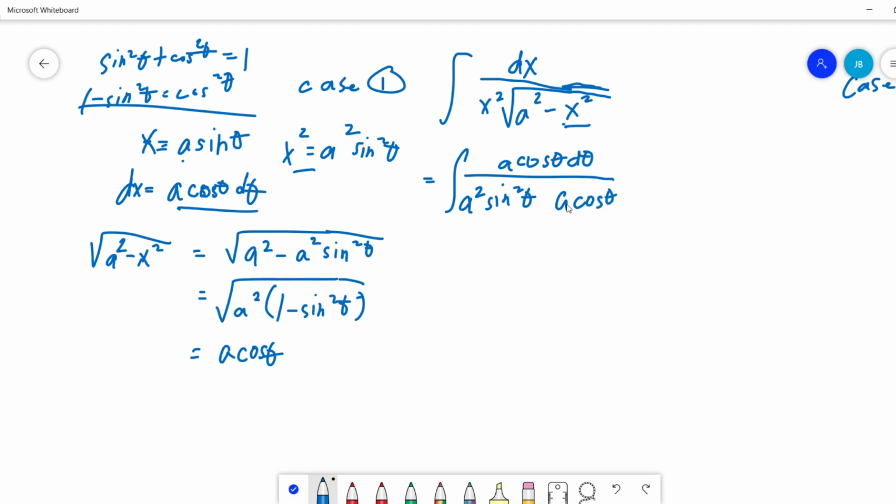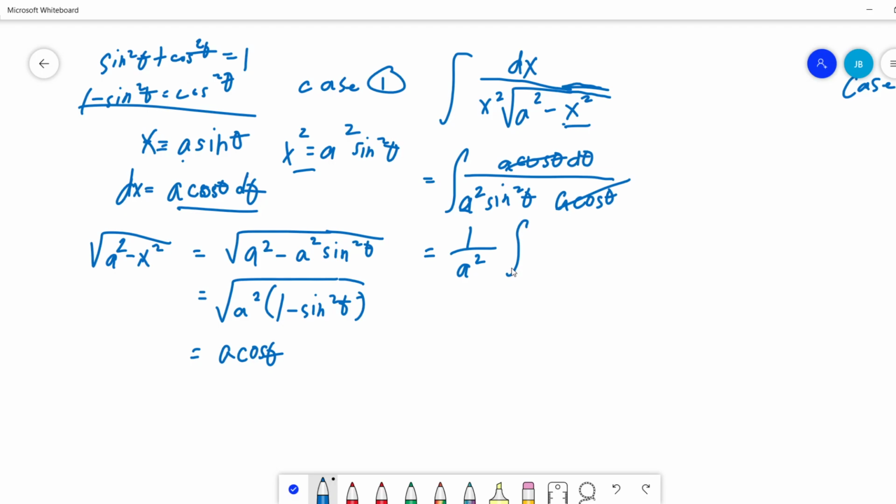Wow, look at the values inside the integrand. It will be much simpler now because we can cancel both a cos theta. Now since a squared is a constant, we can take it outside the integral sign. So 1 over a squared, the integral of d theta over sine squared theta.